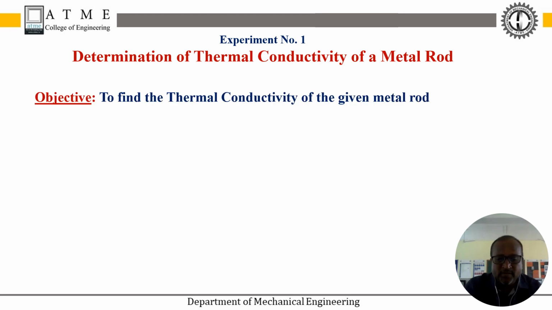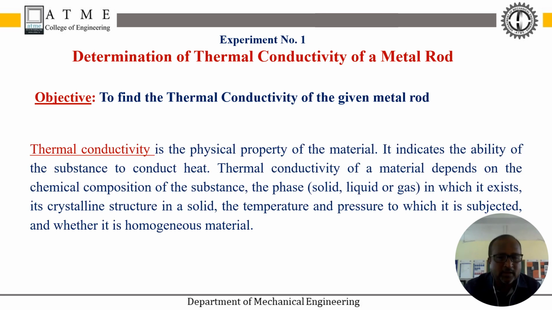Right now, the objective is to find the thermoconductivity of the given metal rod, and how to find that. Before that, let us briefly recall our knowledge on the thermoconductivity property, because we all have already studied this in our theory classes very well, but yet it is required to mention it here.